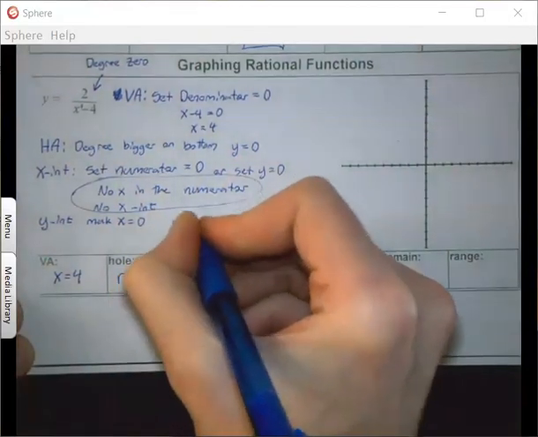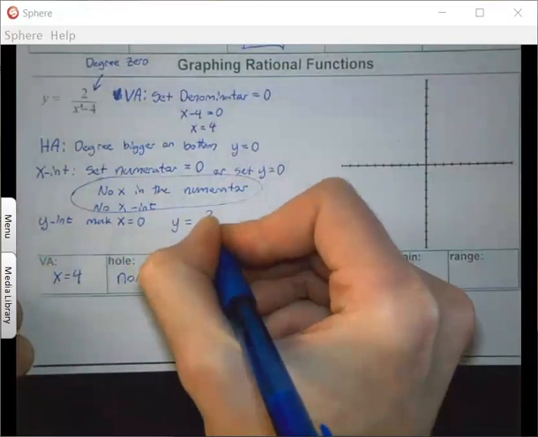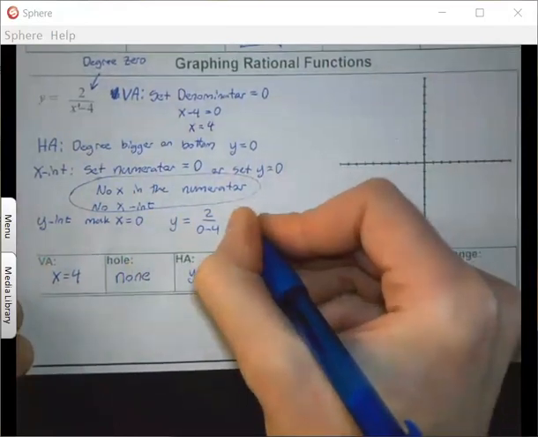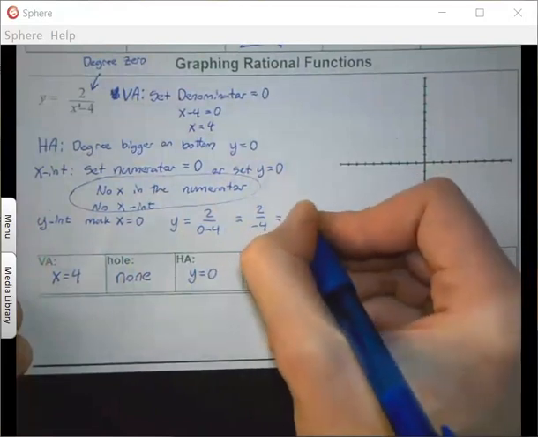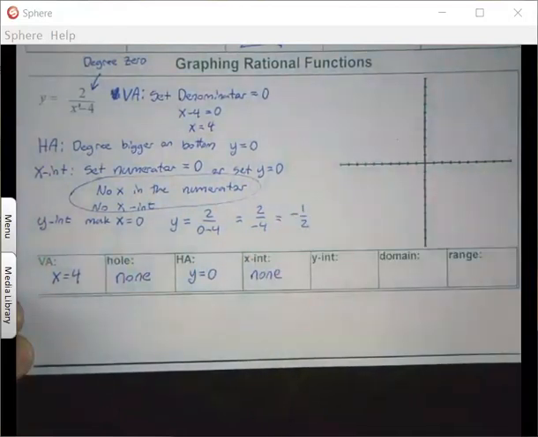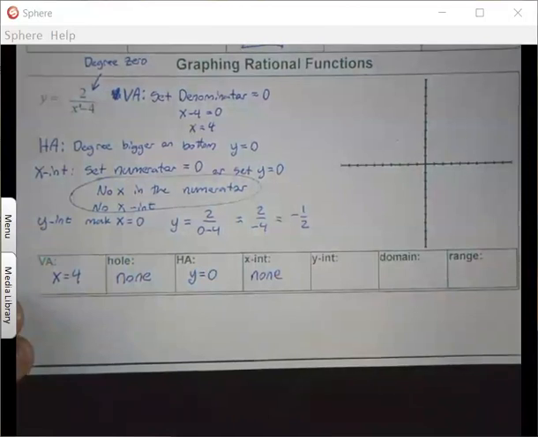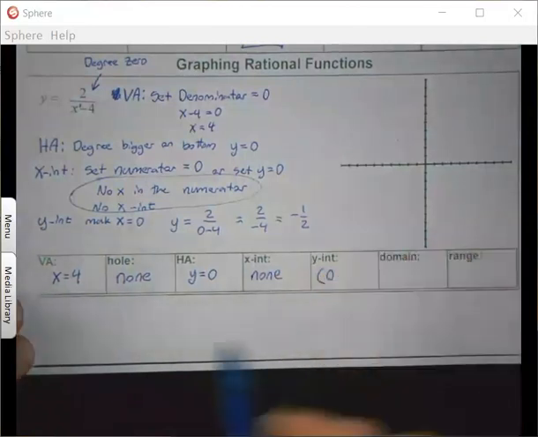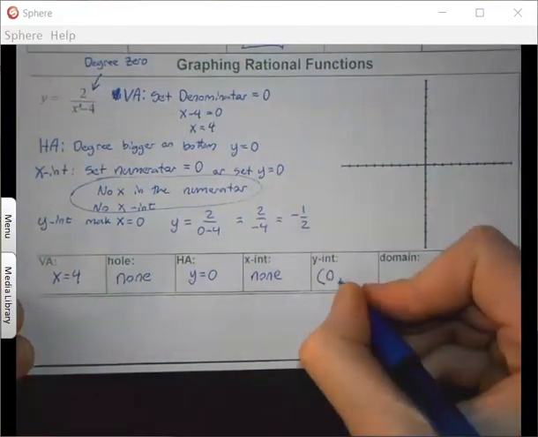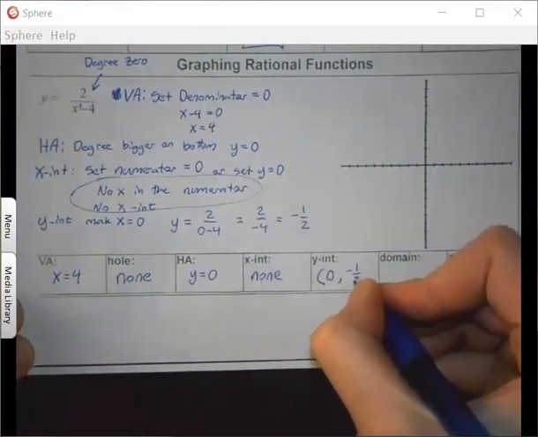So say y is equal to 2 over 0 minus 4, or 2 over minus 4, which is minus 1/2. Now, whenever we're writing our x and y intercepts, it's a good idea to write it as a coordinate. So for our y-intercept, x was 0, and then we found y is minus 1/2.